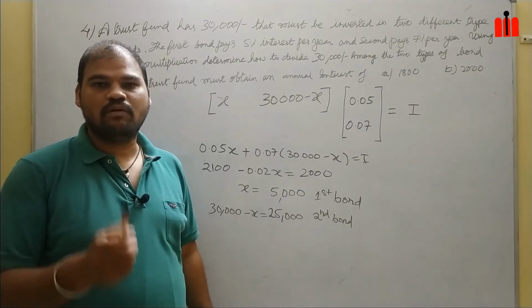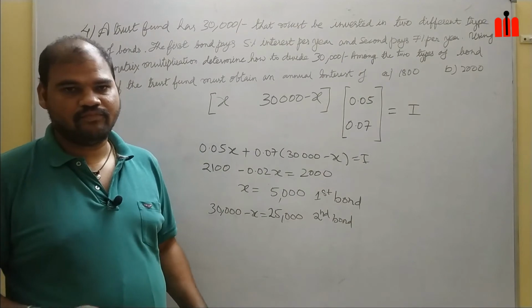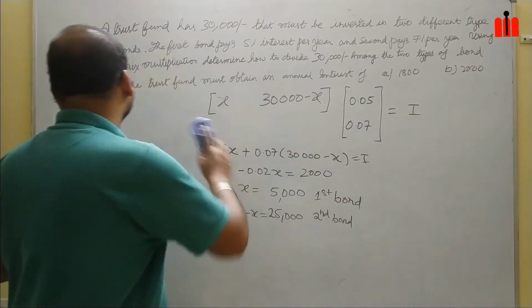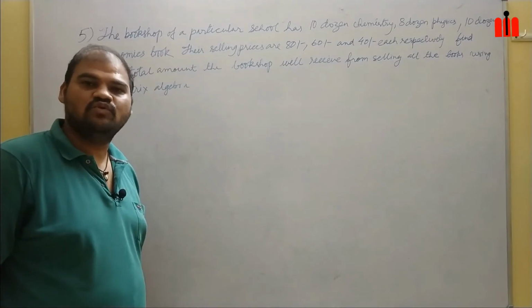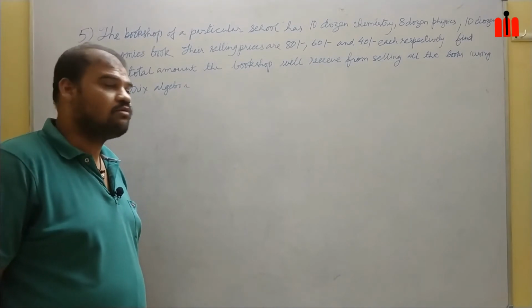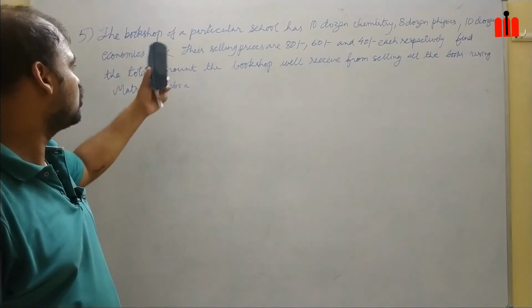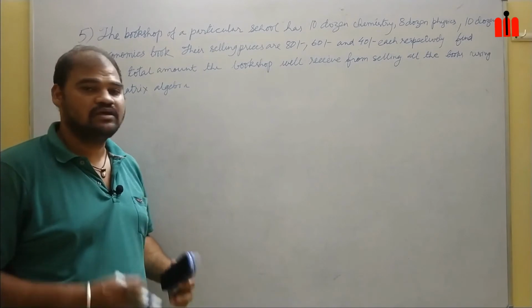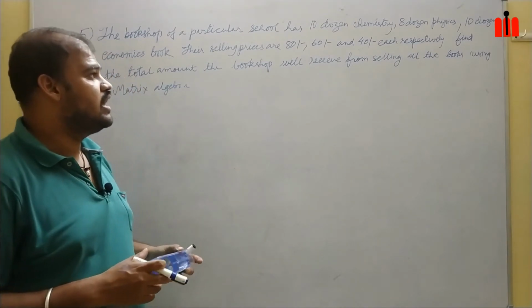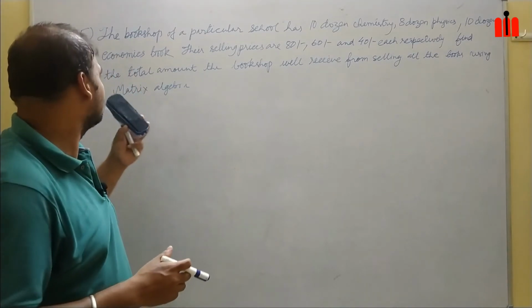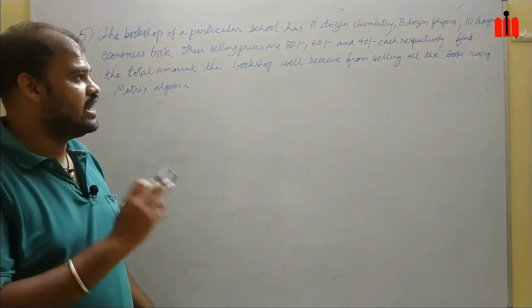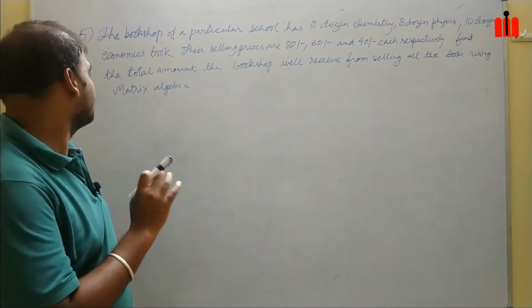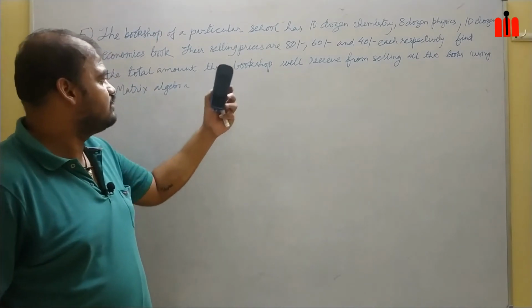Let's move on to problem number 5. What problem number 5 says is, the bookshop of a particular school has 10 dozen chemistry books, 8 dozen physics books and 10 dozen economics books.